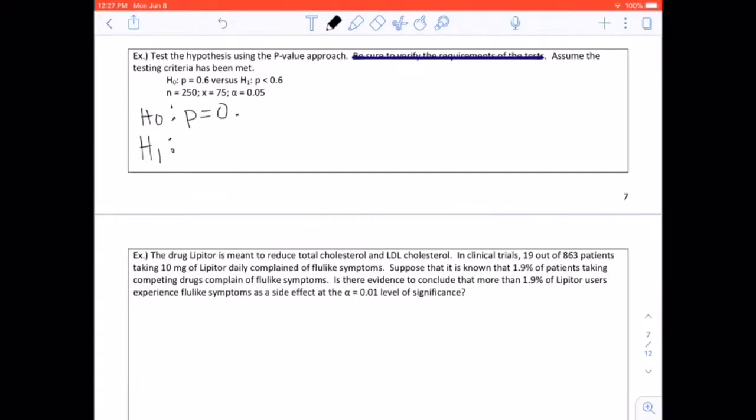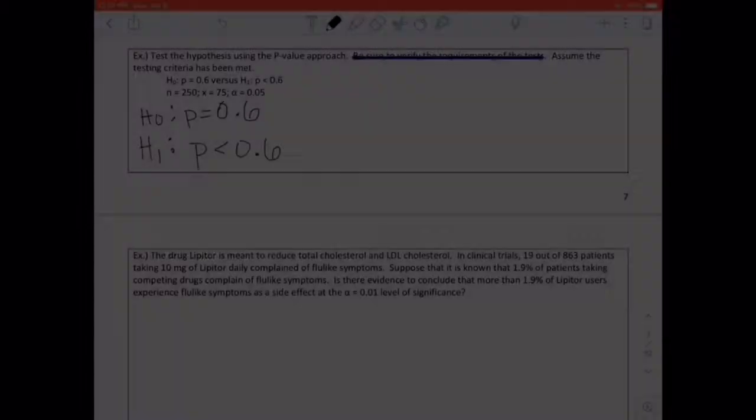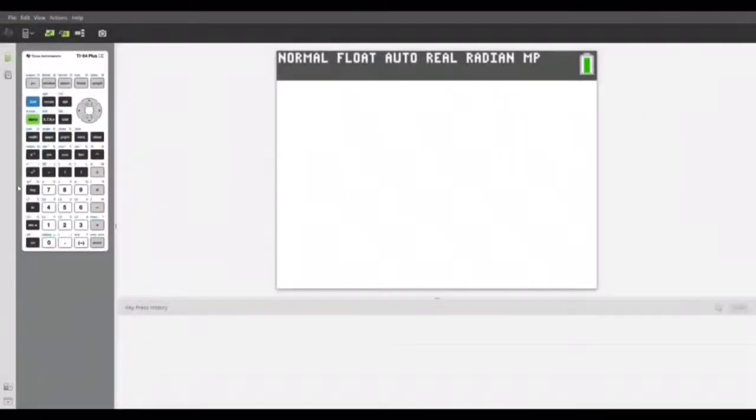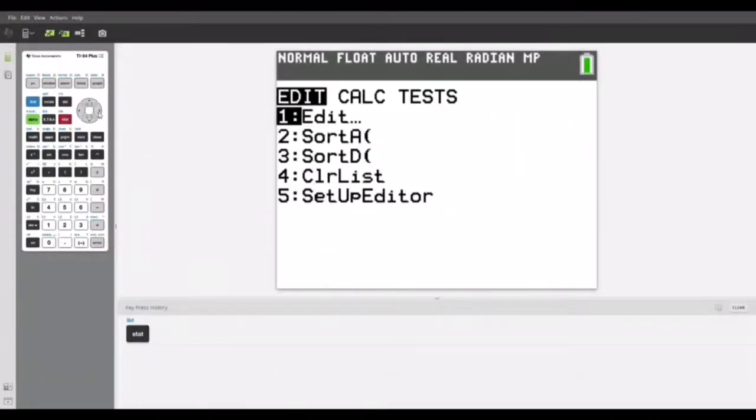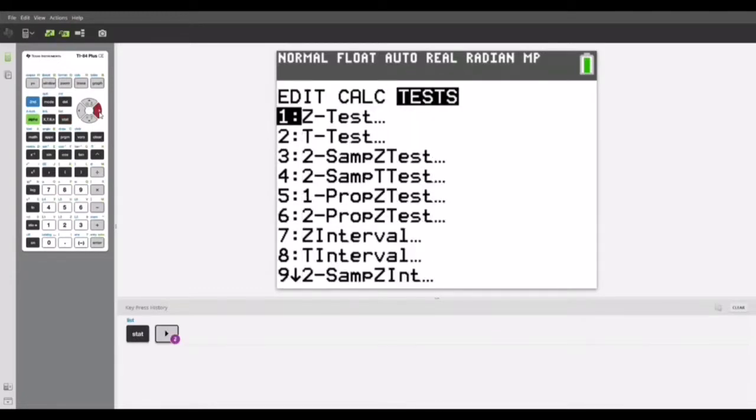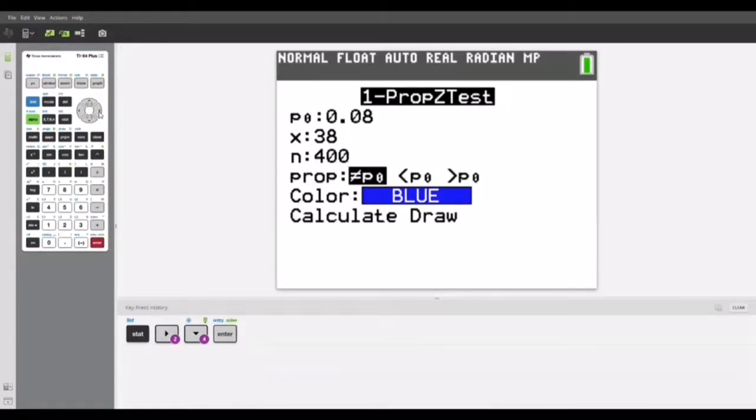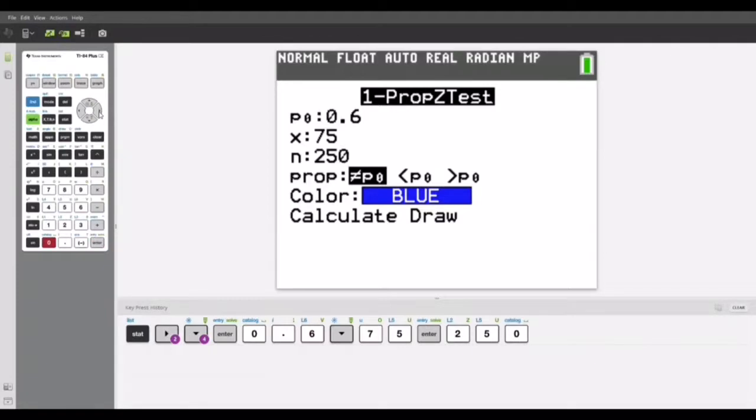So our null is that the proportion is equal to 0.6. Our alternative is that the proportion is less than 0.6. We are going to go stat to test, and we're going to go to 1-PropZTest. On 1-PropZTest, we are going to enter in p naught, which is 0.6. x for this problem is equal to 75, and n is equal to 250.